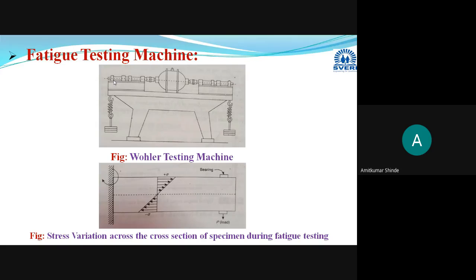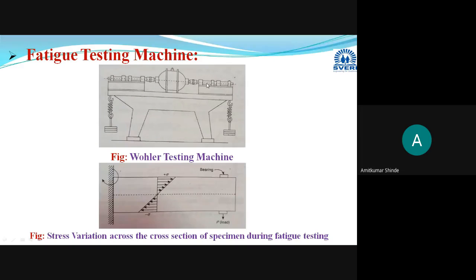In this second diagram, one end is fixed, this is the end where we are rotating it, and from the other end we are applying the load.